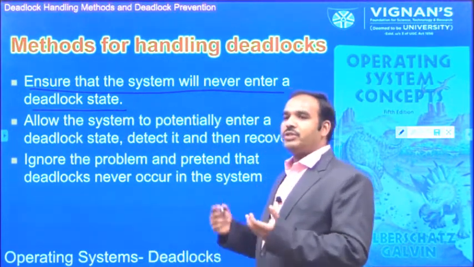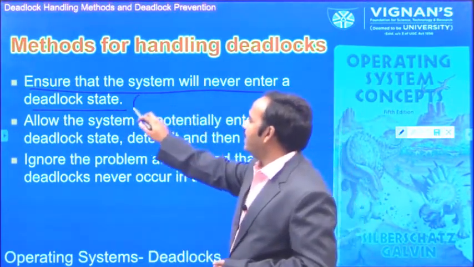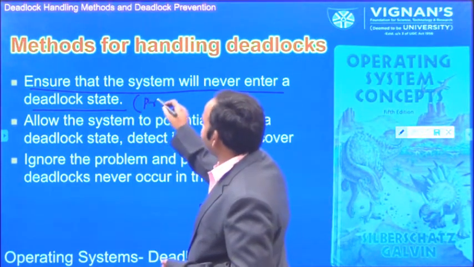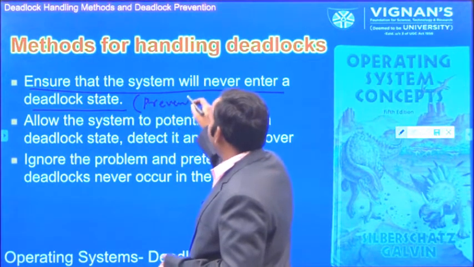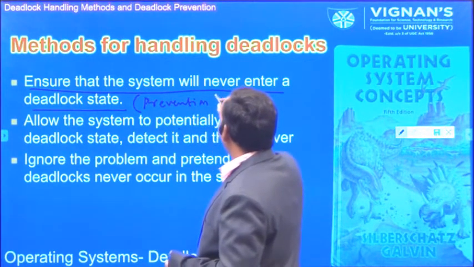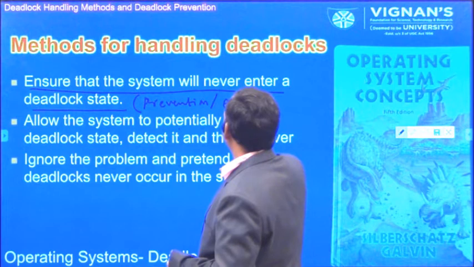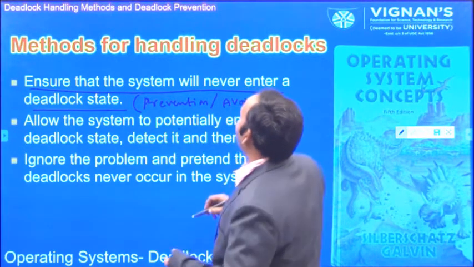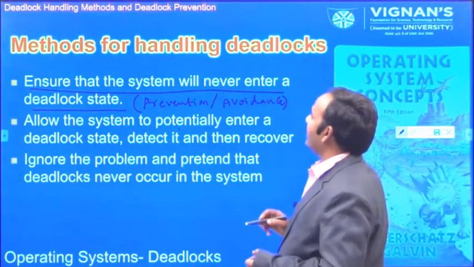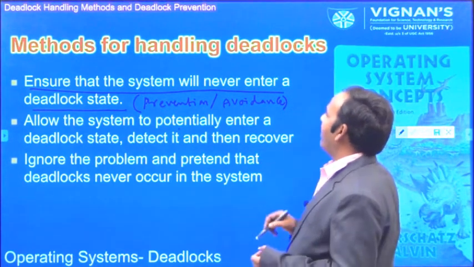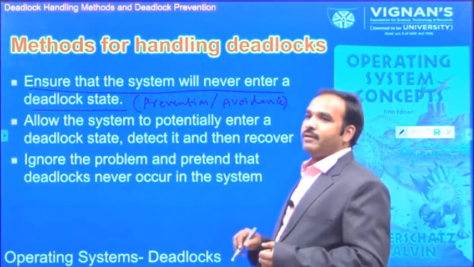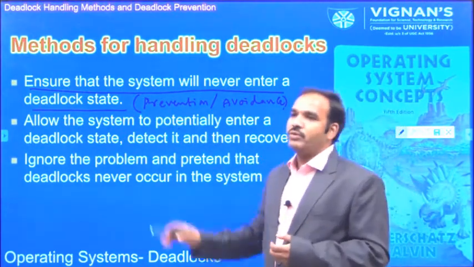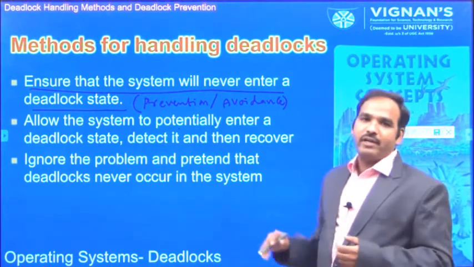If you want to ensure it, there are two ways: one is prevention, and another one is avoidance. These are the two ways to ensure the system will never enter into a deadlock state.